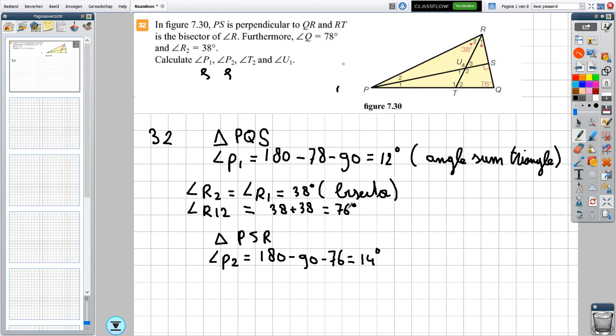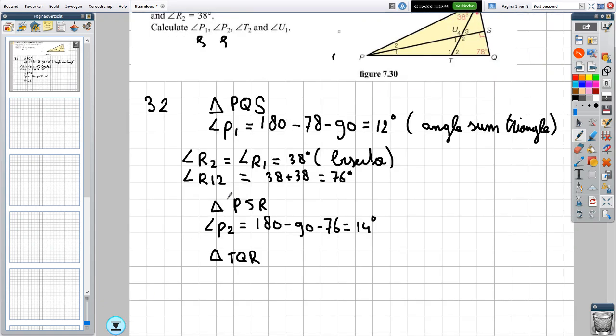I think I'm going to use that one, because if I do it like this with PTR, then I first calculate T1, and then I have to use the straight angle rule to calculate T2, so it takes an extra step. So in triangle TQR, and you don't have to write this down every time, but when I'm explaining this, it sometimes helps some guys to visualize a bit better what I'm actually doing.